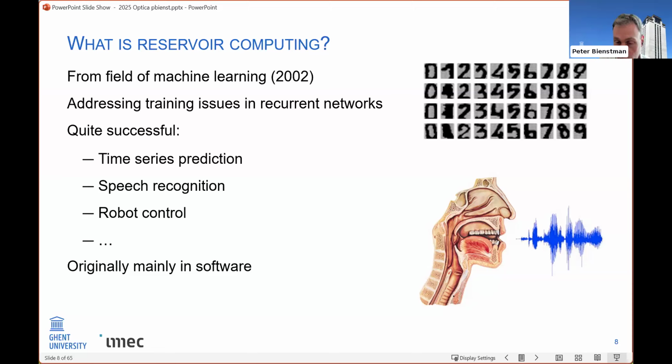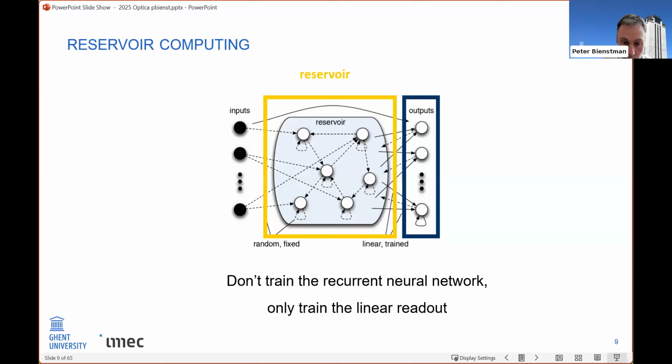And especially successful in situations where there was lots of noise present. So this seemed to be a very robust technique against all sorts of environmental perturbations. But of course, originally it was mainly implemented in software, and this is basically where we want to come in, by taking this software-based paradigm and seeing whether we can implement this in photonics.